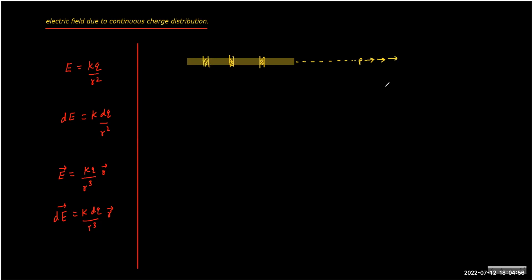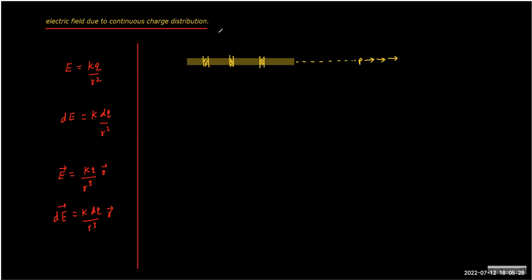Correct? And this was the luckiest case. If every elementary contributes in the same direction, then we are not bothered about the vector notation per se. So although it's a vector, the direction is matching, so it is as good as a scalar. You can just add the values and get the answer. Okay. Is it clear?